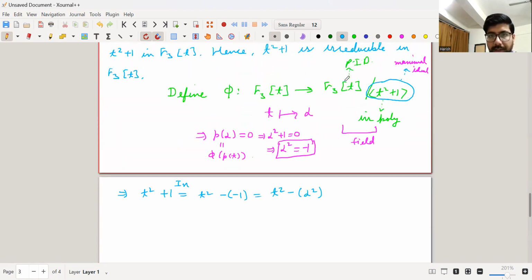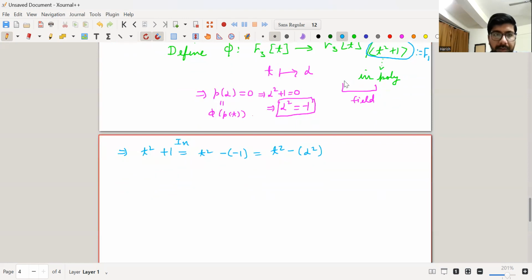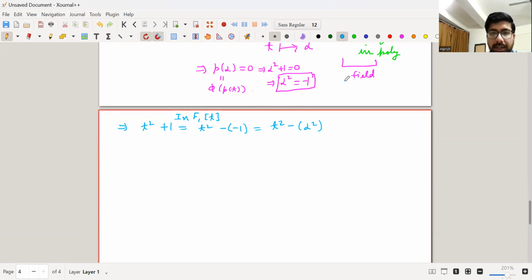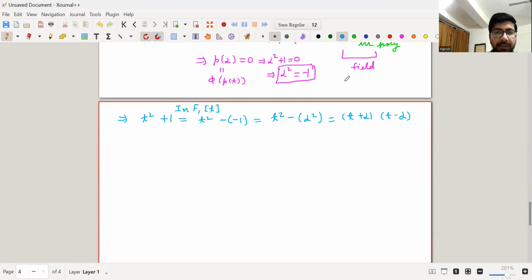Say I am defining this field by maybe F1. So in F1[t] we can do these calculations because this alpha lies inside F1, but it was not inside F3. So be aware of that. So now we have t square minus alpha square, so we can write it as t plus alpha and t minus alpha. So this polynomial also factorizes into linear factors.